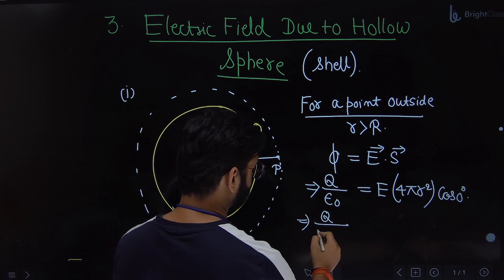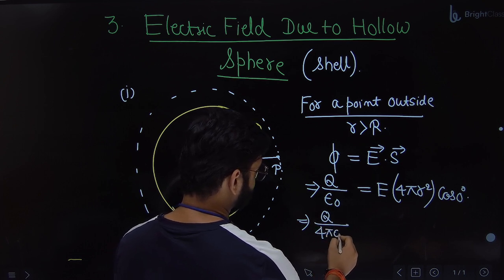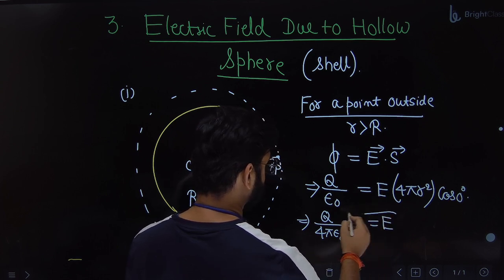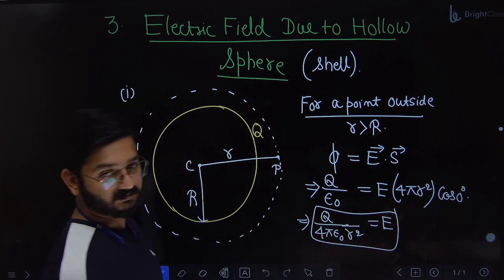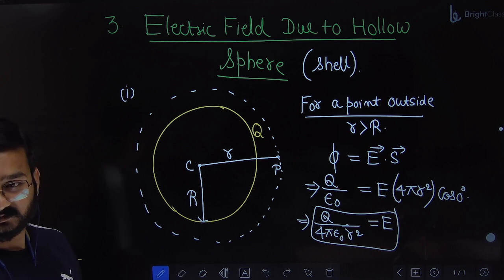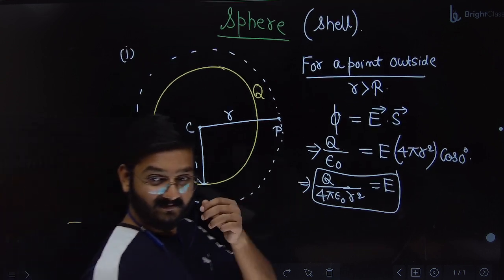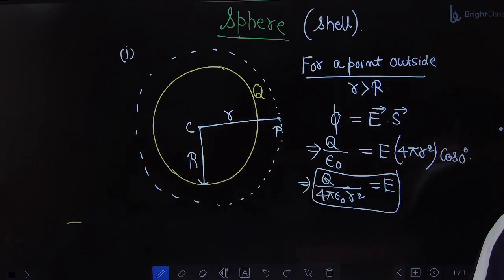Q by 4 pi epsilon naught r square. This is the electric field. I think this one is the simplest, right? Have you seen this formula before? KQ by r square. Perfect.